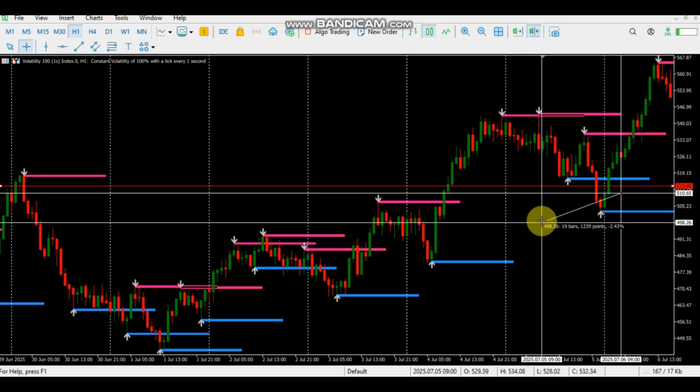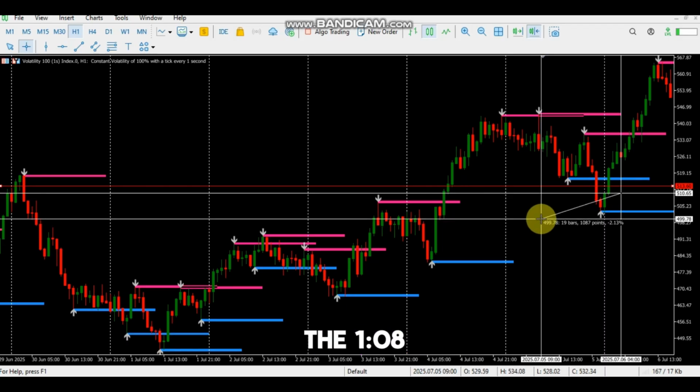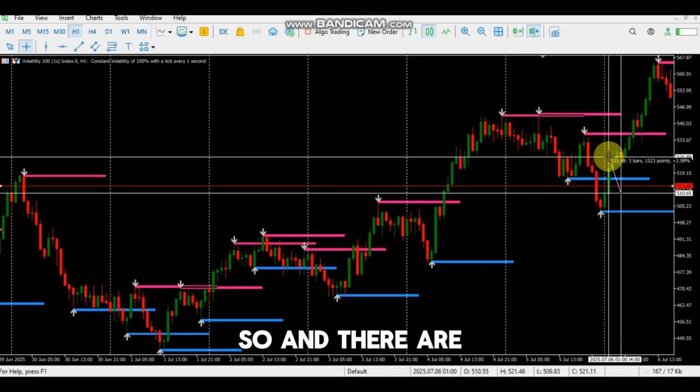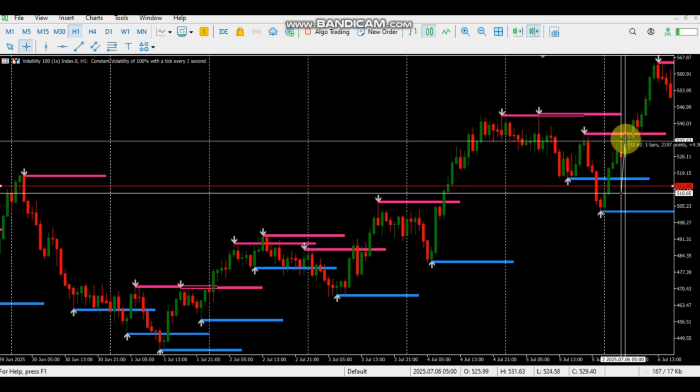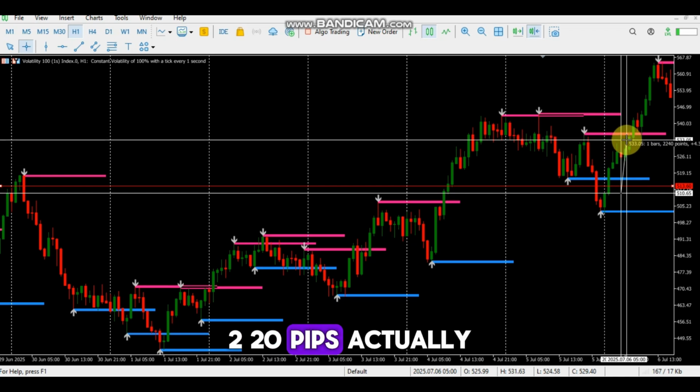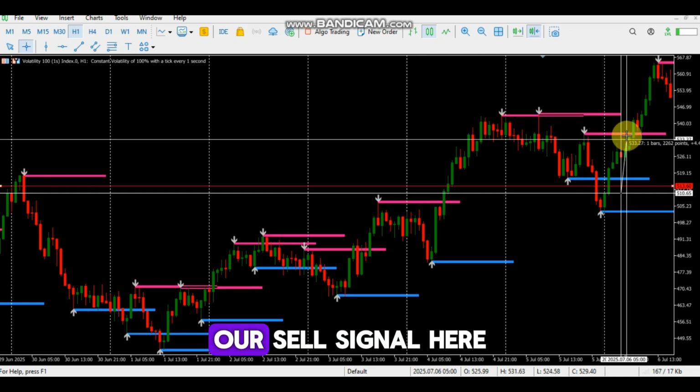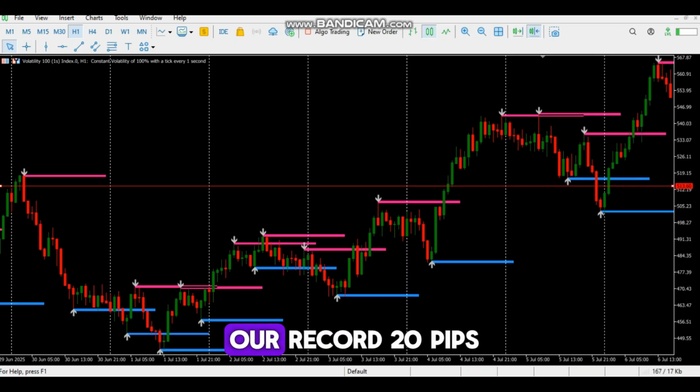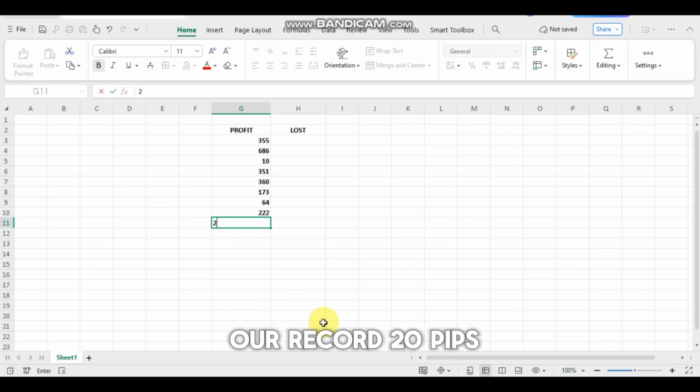Let's say 110, so we are looking for 220 pips, and 220 pips actually comes before our sell signal here.